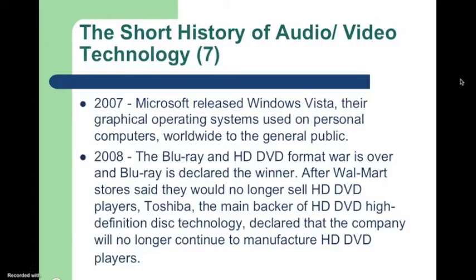In 2007, Microsoft released Windows Vista, their graphical operating system used on personal computers by the general public worldwide, and in 2008, the Blu-ray high-definition DVD format war was over because Blu-ray was declared the winner. So this is the brief history of how audio and video technology came about.